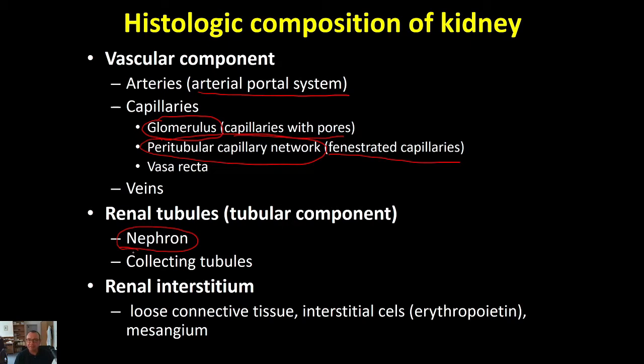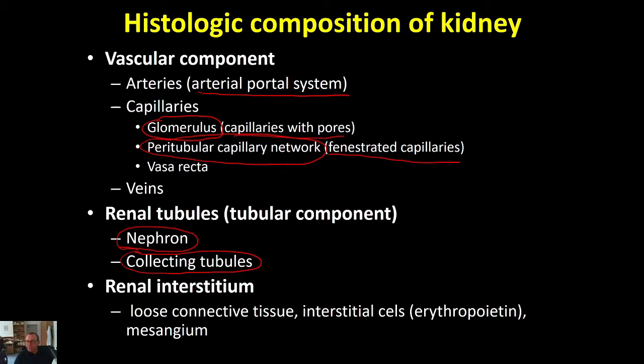The second group of renal tubules are collecting tubules, which are connected with tubules of nephron. Nevertheless, they are developing from another source. They are developing from so-called ureteric bud. And the third component of kidney is a renal interstitium, which means the tissue situated everywhere between tubules and vessels.